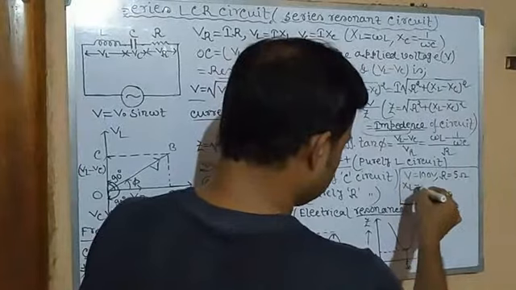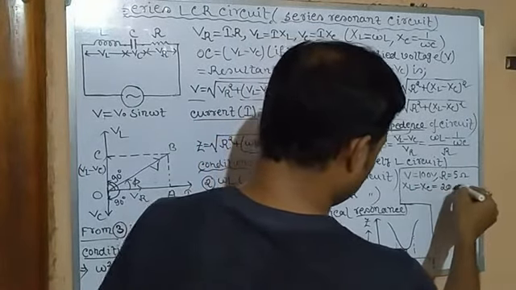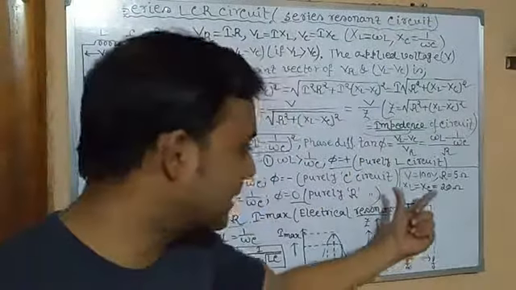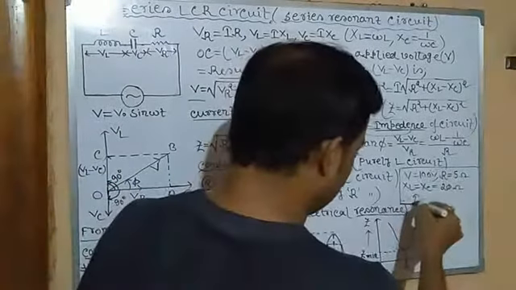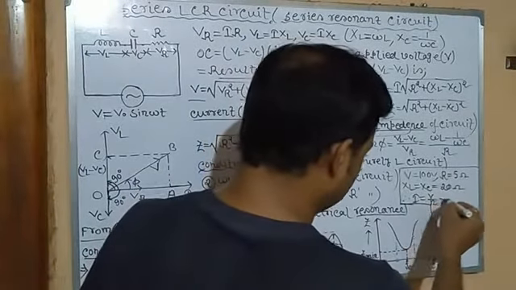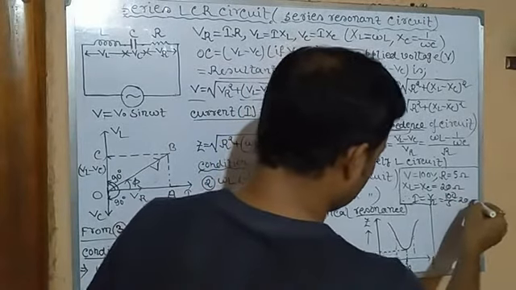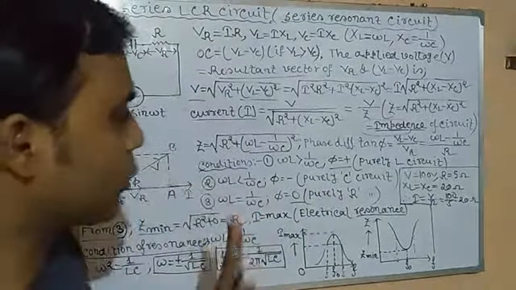Suppose XL equals XC equals 20 ohm. Since it is a series resonant circuit, the inductive reactance and capacitive reactance will be the same, 20 ohm. From here we can find the current. I equals V by R, equals 100 by 5, which is 20 ampere. So the current flowing in the circuit is 20 ampere.